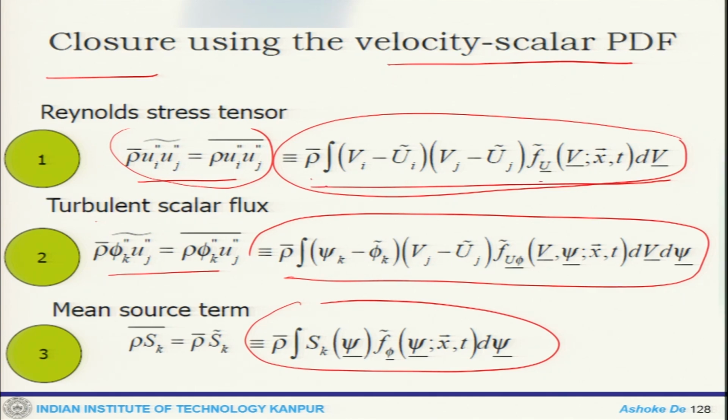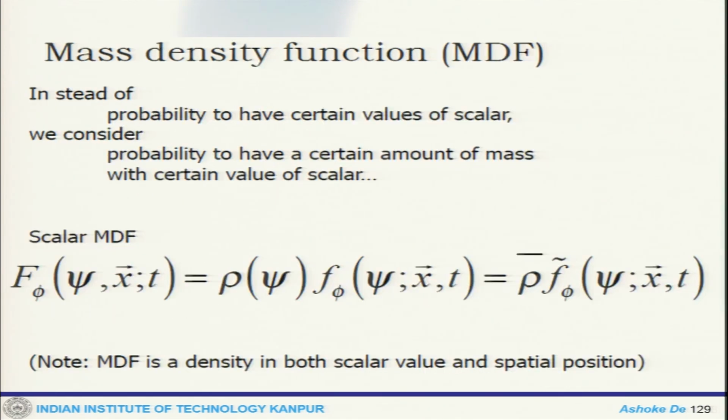Similarly, for the turbulent scalar flux, one uses the velocity scalar joint PDF to close it, and the source term using the scalar PDF. So this will make things closed in the governing equations, and the solution, obviously, as we said, because of the dimensionality, one has to adopt some Monte Carlo based technique.